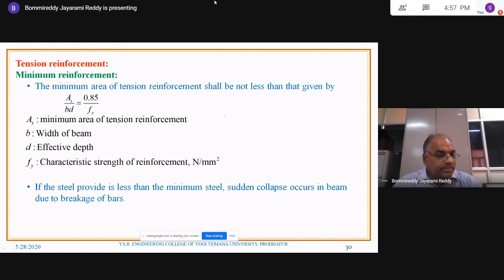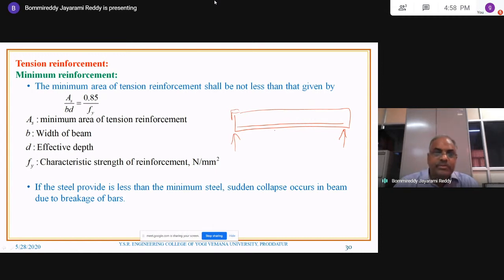Now, tension reinforcement. Normally, for a beam, for example a simply supported beam, the tension reinforcement will be provided on the tension face. This is called the tension reinforcement. As per the design, you will get some quantity of steel reinforcement.